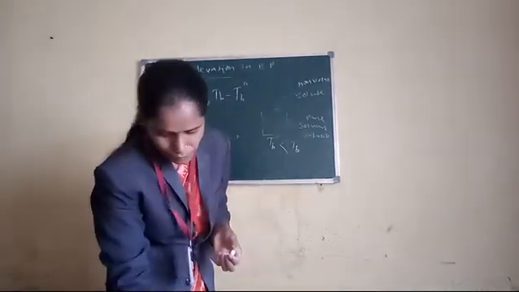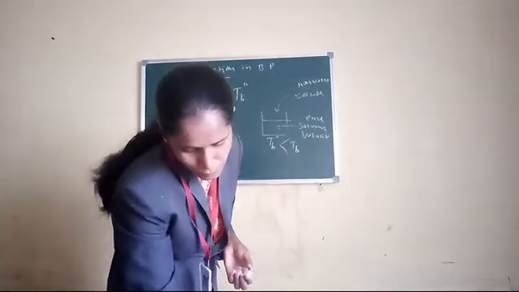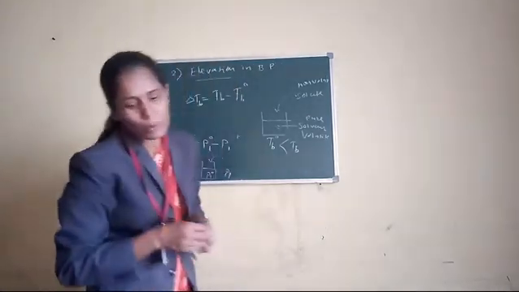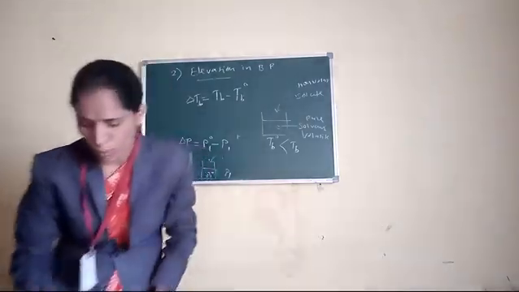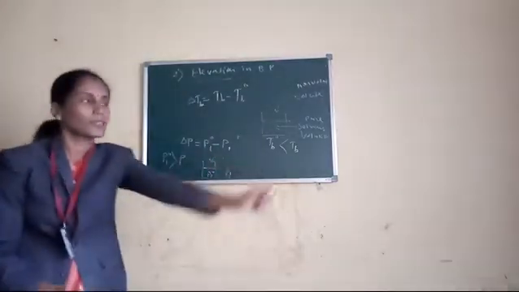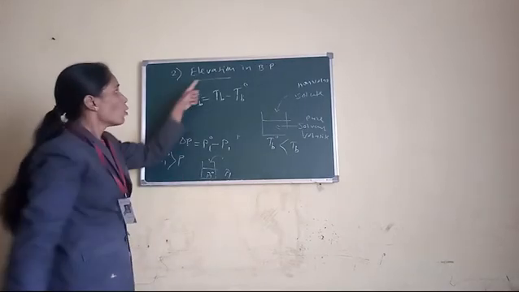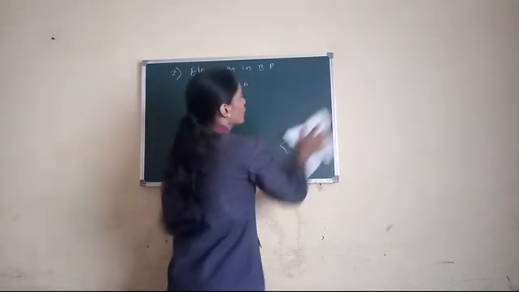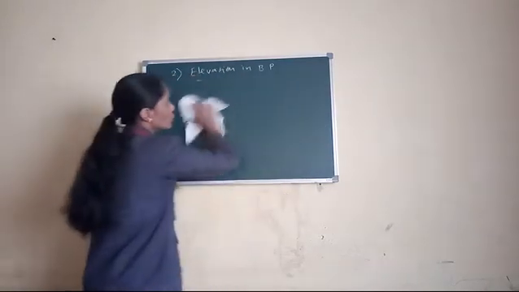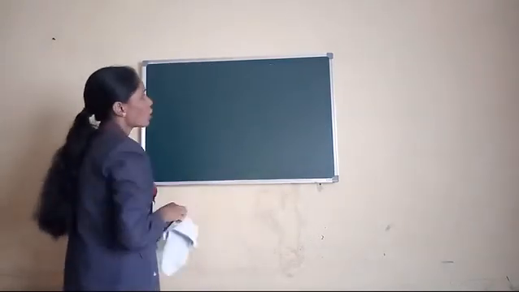Then, boiling point elevation as a consequence of vapor pressure lowering. By the graph, it is clear that the boiling point is elevated, meaning increased, after addition of solute to the solvent.